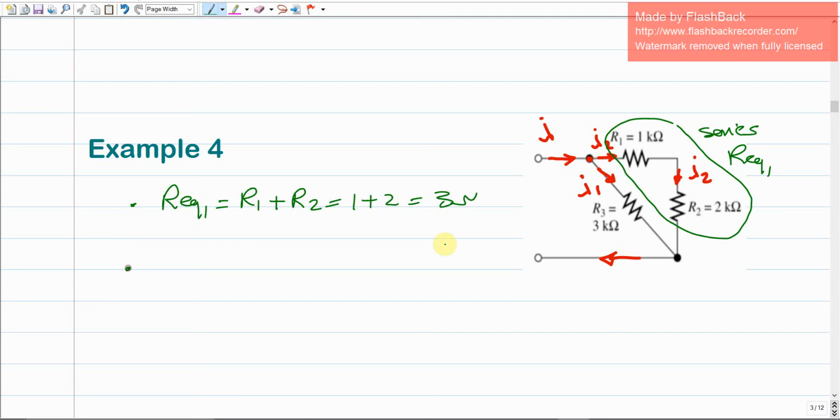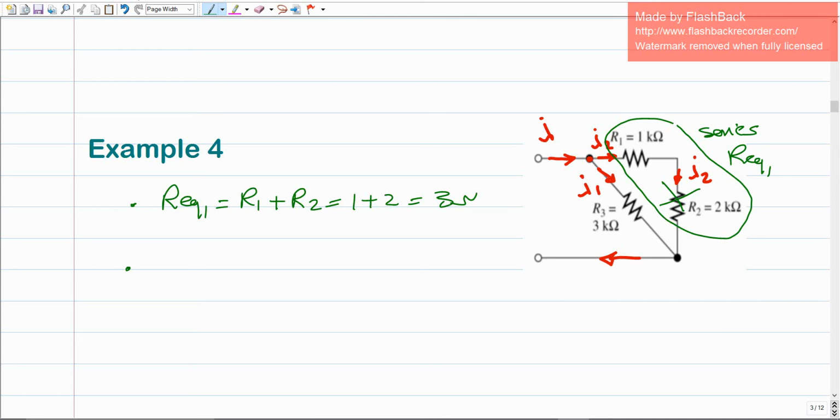Agree? Then, if we combine these two into just one resistance, it looks like we get rid of one of these two resistors, and we're just using only one. But this only one is going to be their equivalent. Make sense? Because we combine them into just one resistance.